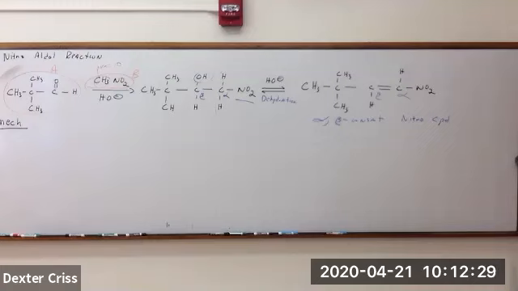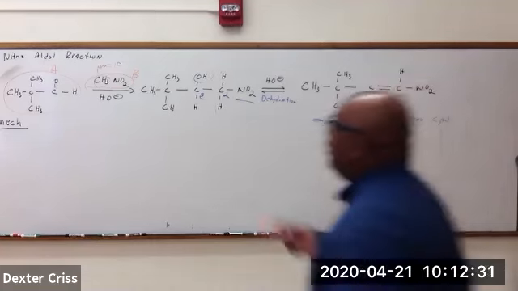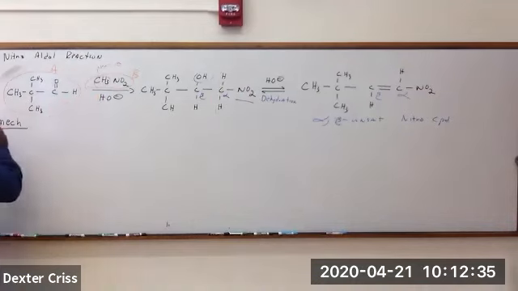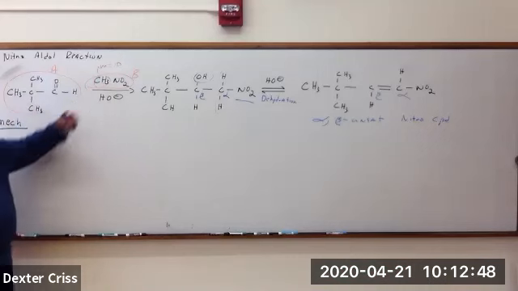Just like you said, B. Yeah, that's right. I'm going to use B. Why will I use B and not A? What does B contain that A doesn't contain? Alpha hydrogens. Yeah, the alpha hydrogens. And the alpha hydrogens, of course, are acidic. So that's what I'm going to start with.